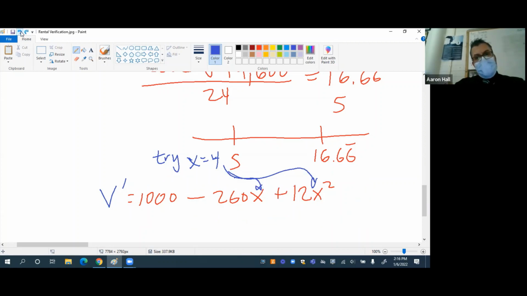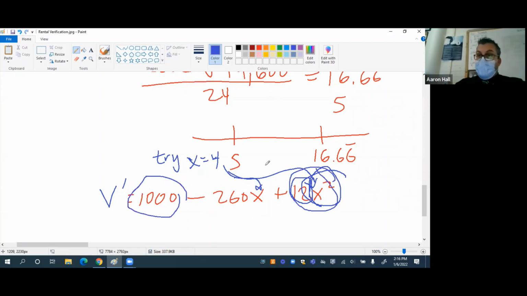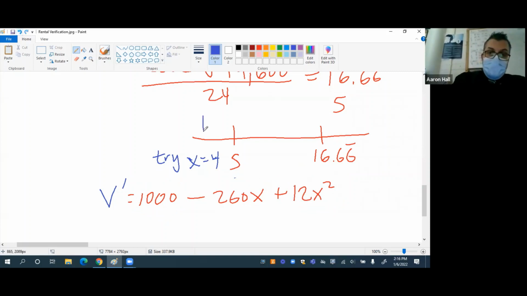If we plug in a 4, 4 squared gives me 16, and then 16 times 12. And then we still have this 1,000 over here. To me, it looks like it's going to be positive. That 4 times the 260 might give me something close to a negative 1,000, and here I already have 1,000, and so then I have a bunch more here. So logically speaking, without even using a calculator, it seems that this would be plus. Are you guys okay with that?